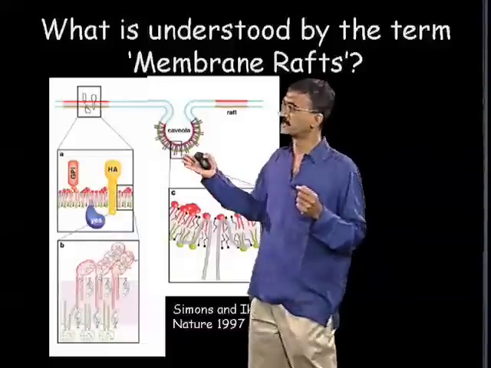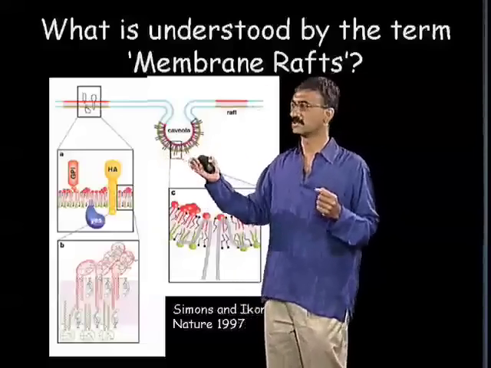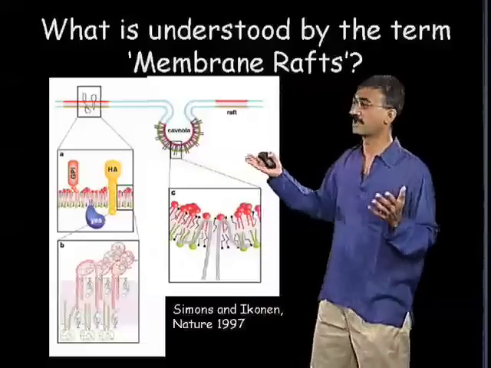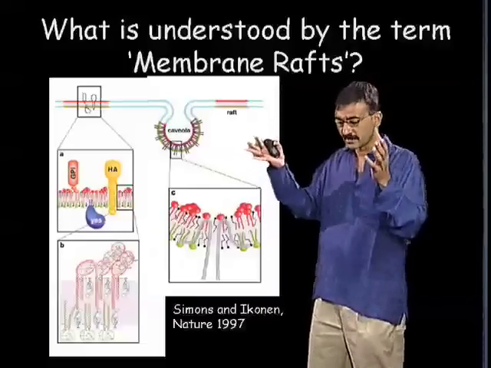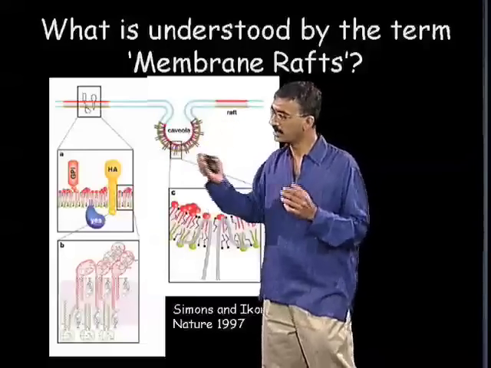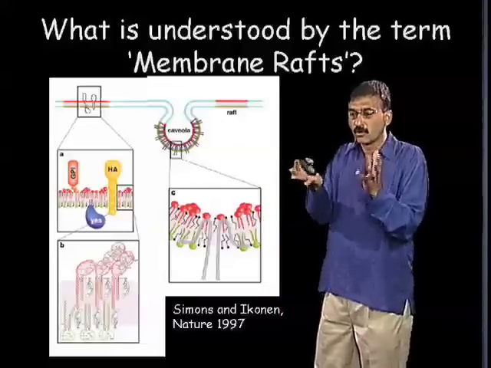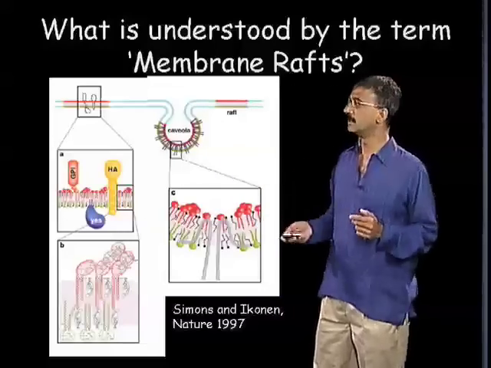He also proposed that there could be proteins that could stabilize these segregated regions, proteins like caveolin, for example, which can associate with the underside of the cell membrane and stabilize these domains so that they could hold a special lipid composition.